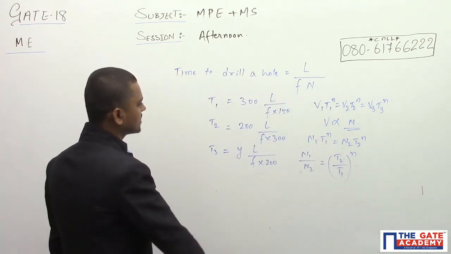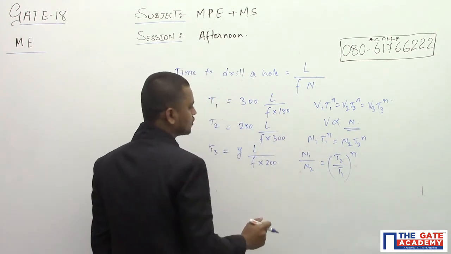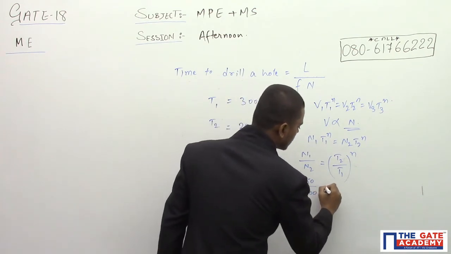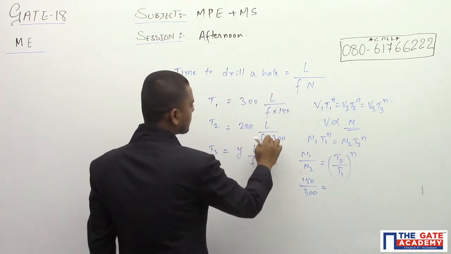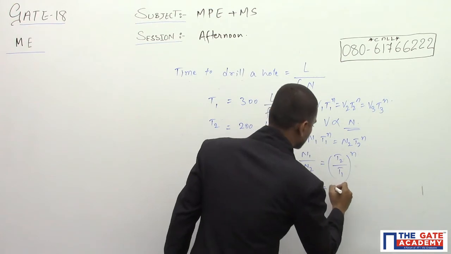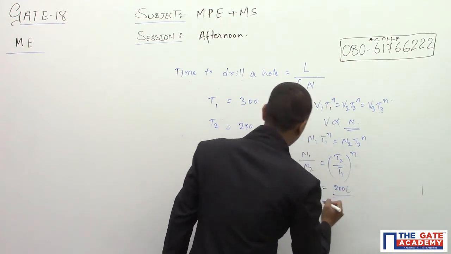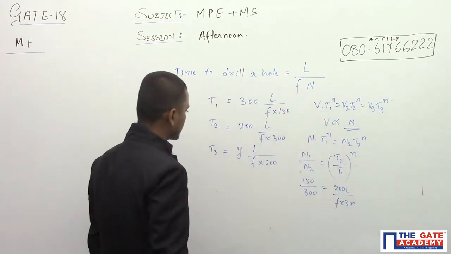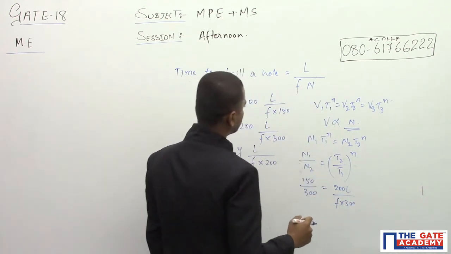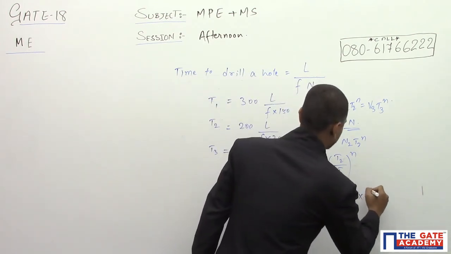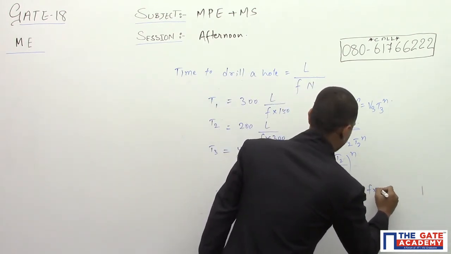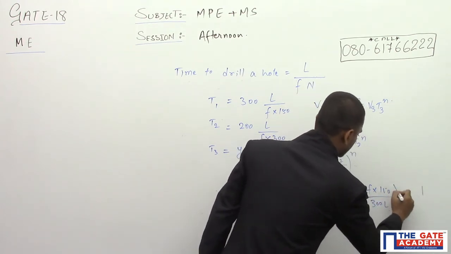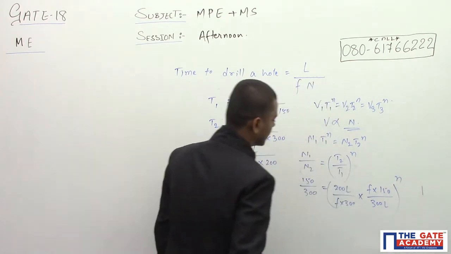Now in the first case, N1 is 150 and N2 is 300. So I can write 150 upon 300 is equal to T2, which is 200 into L upon F into 300, and T1 is 300 L upon F into 150. So directly I write F into 150 upon 300 L, to the power n.